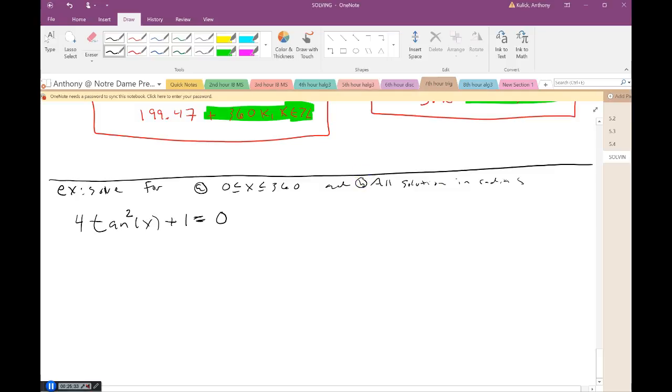So we're going to answer this two ways. We're going to just find the answers between 0 and 360, and then write all of the solutions, but answer that in radians.